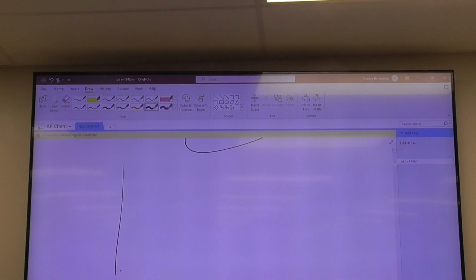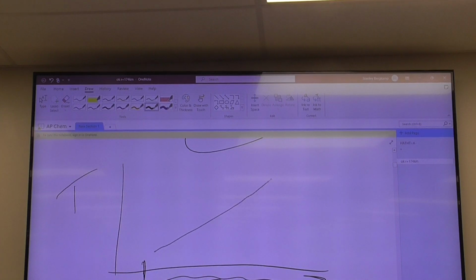If you look at a graph of orbital period versus radius, and we start right here with the radius of the Earth, because you can't obviously orbit inside the Earth, as you go further from the Earth, what's this graph going to look like? It's going to curve up, because the farther you get from the Earth, the longer the period takes.